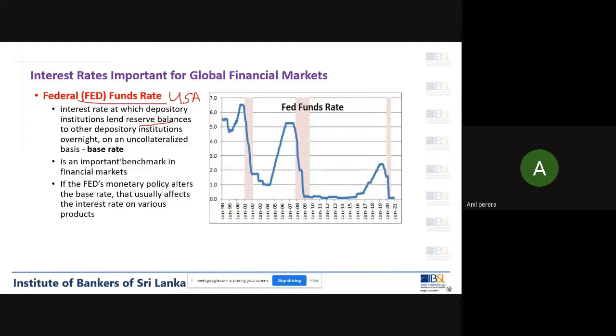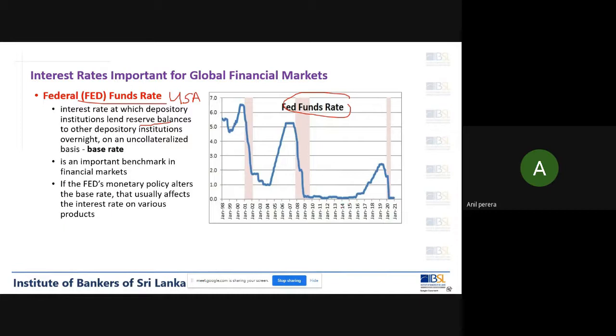And when the monetary policy is changing, this rate will go up and down. Now, if you look at this chart, I have given you the Fed funds rate movements. So you will see the rates are going up, going down. This is very much related and connected to the monetary policy changes of the US. Now, these days, the US is having a policy of extremely low interest rates.